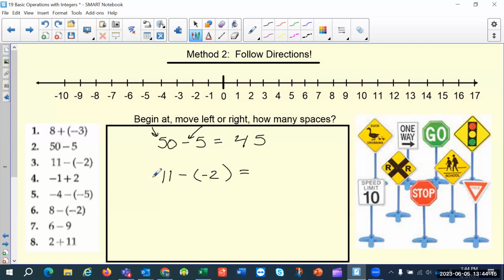I'm not talking about minus signs out here in front of the 11. That doesn't matter. You see minus negative, you change it to plus positive because it goes to the right. And now you've got starting at 11. We're going to go to the right 2 spots. 1, 2. There's our answer. 13. 11 minus negative 2 equals 13.